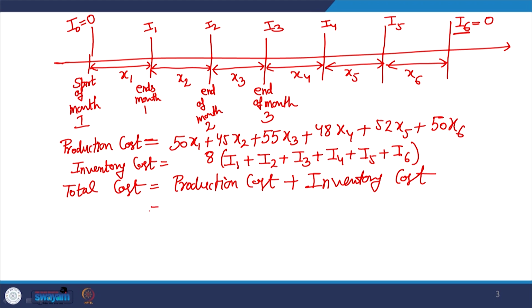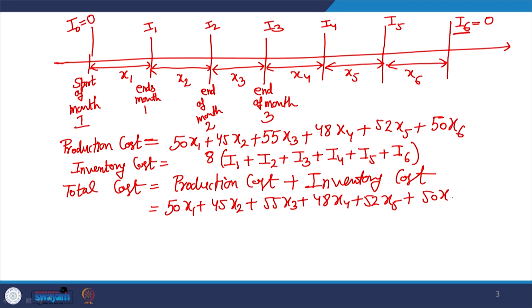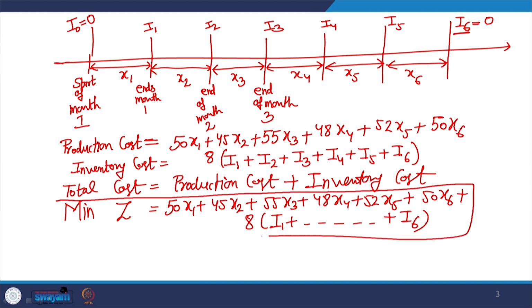So your expression becomes 50 x1 plus 45 x2 plus 55 x3 plus 48 x4 plus 52 x5 plus 50 x6 plus 8 times I1 to I6, and this is equal to, let us say, Z, and my objective is to minimize Z. So this becomes my objective function.